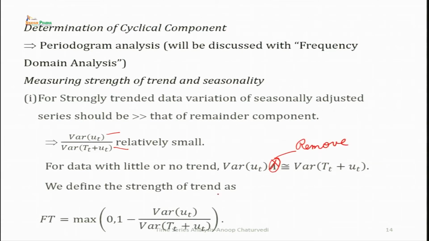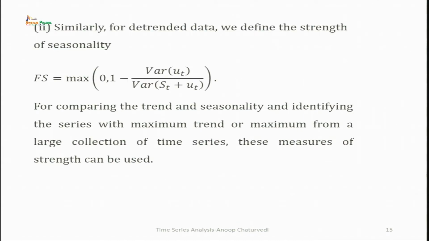Then we define the strength of trend as Ft equal to maximum of 0 and 1 minus variance of UT upon variance of TT plus UT. So, this figure gives you the strength of trend. Similarly, once you have detrended your data, you have removed the trend component, you can define the strength of seasonality also, which is equal to maximum of 0 and 1 minus variance of UT upon variance of ST plus UT.